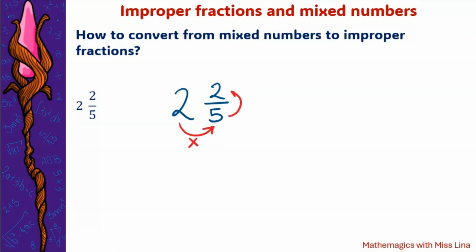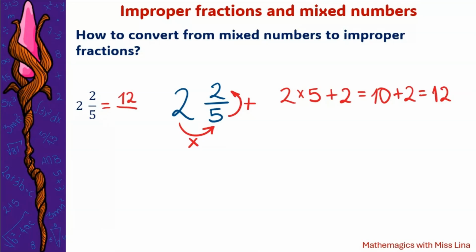And then we add the number at the top because that would mean the additional pieces of the incomplete unit. So that would make 2 times 5 plus 2. 2 times 5 is 10, and 10 plus 2 is 12. And like that, we find that 2 wholes and 2/5 is the same as 12. And remember the denominator, always the same. So 5 again. 12 fifths.